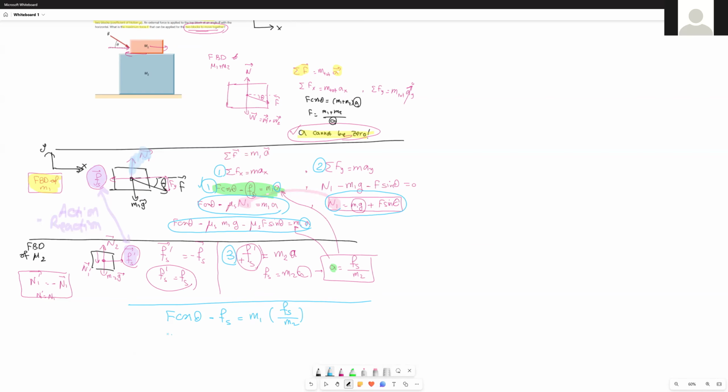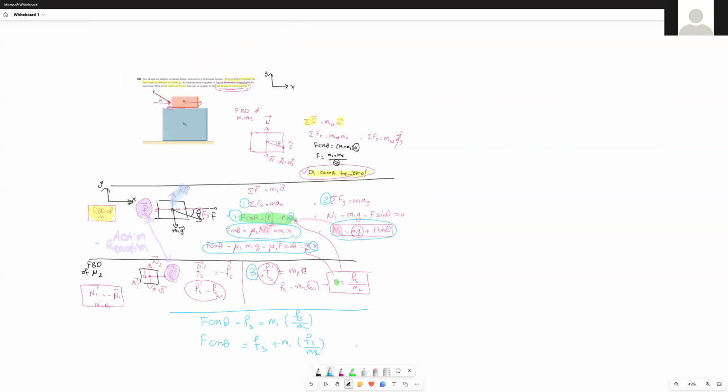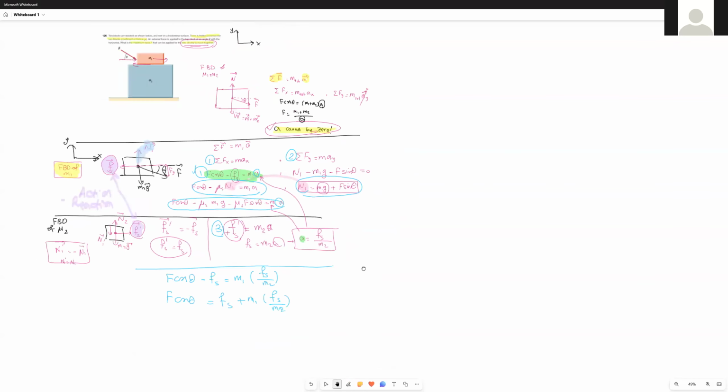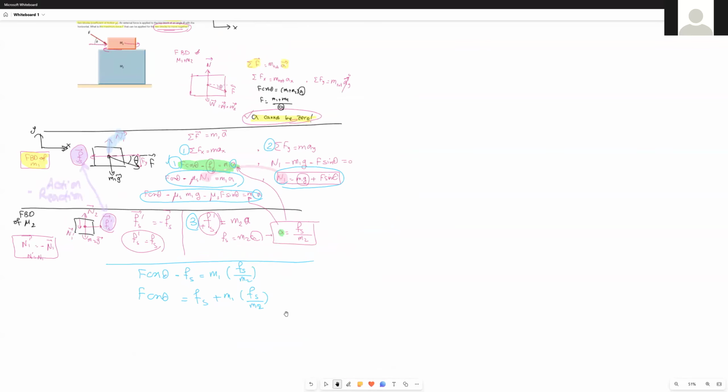Okay, so that's going to give me F cos theta minus Fs, or let's do it this way. F cos theta is going to be equal to Fs plus m1 multiplied by Fs divided by m2. So this is going to give me F cos theta equals Fs.